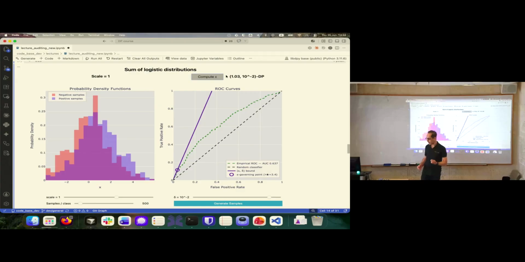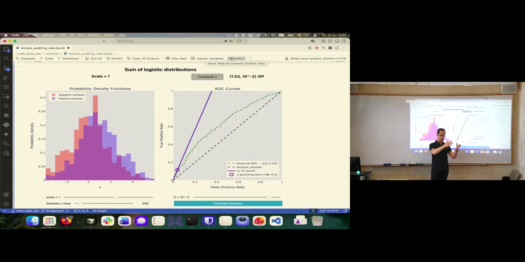So let's think. What happened here? Going back to our intuition, what did we say? We said that from the perspective of the attacker, when it tries to guess which of two neighboring data sets was used to produce some output, it decides on some decision rule.